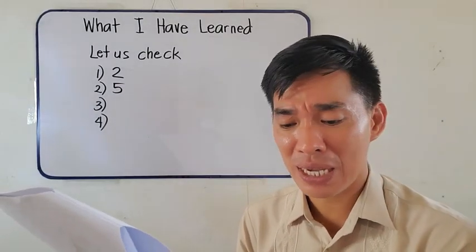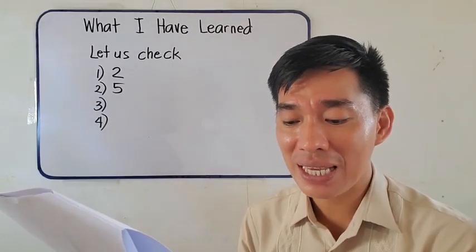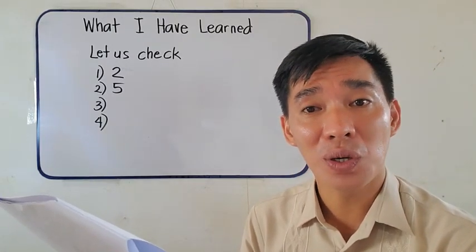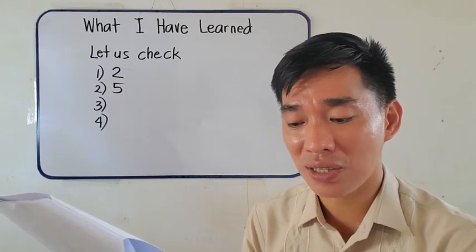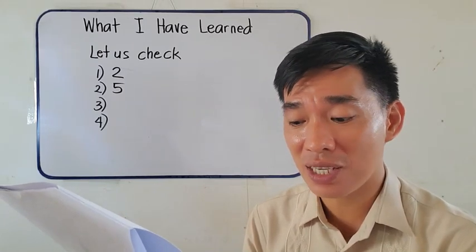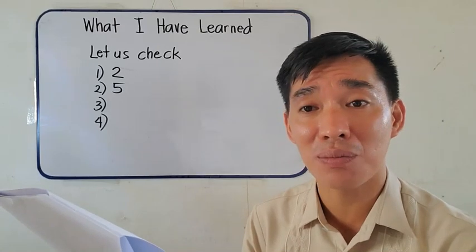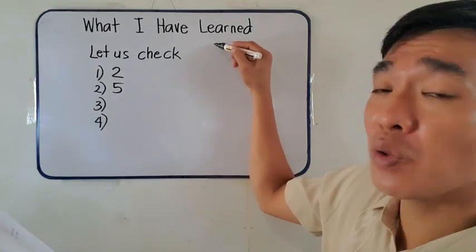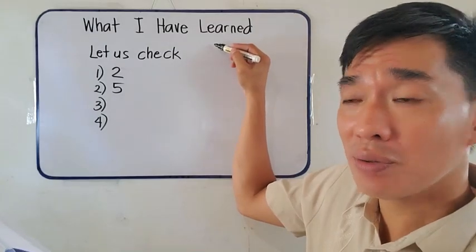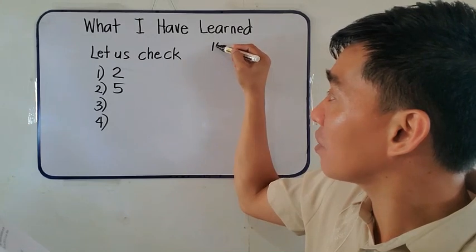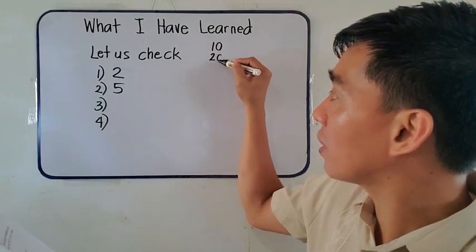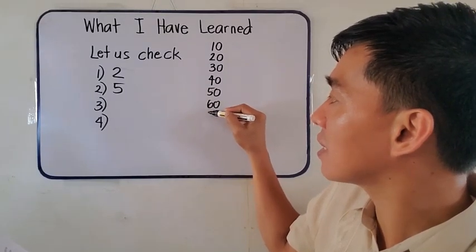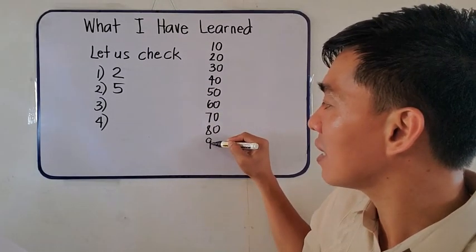For item number 3, it says here, what is the biggest 2-digit number divisible by 10? We all know that the 2-digit numbers that end with 0 are the only numbers that are divisible by 10. So, to list down all the 2-digit numbers ending with 0, these are 10, 20, 30, 40, 50, 60, 70, 80, 90.